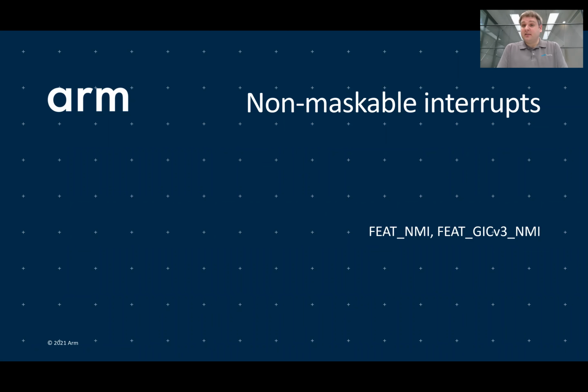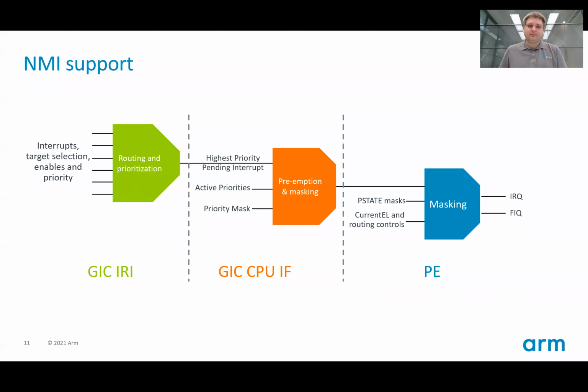The issue is that there's a lot of code already written that uses the existing CPU level masks, such as pstate I, which are binary. Either IRQs are masked or they are not. You can't mask some IRQs and not others. And because there's that existing code using the pstate masks, even though you could do this in the GIC, there's a desire to be able to do it in the CPU as well. So that's why we're adding a feature.